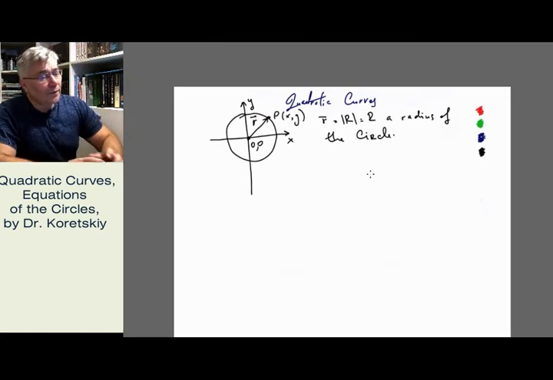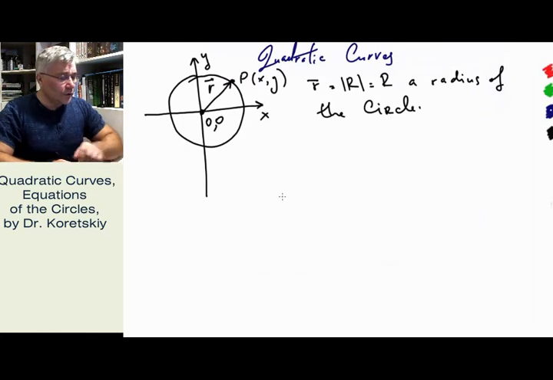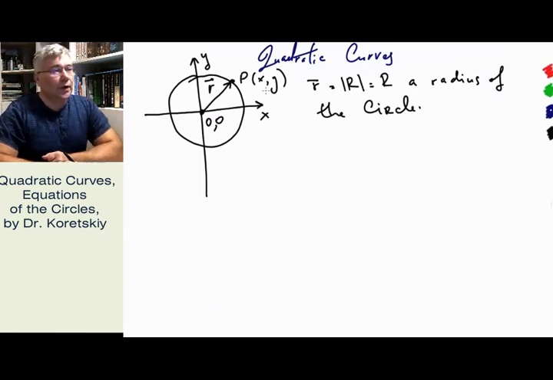You may remember that a circle is a locus of points which are equidistant from the center point. So if I calculate the length of the radius vector r, which connects the center point of the circle and a point of this curve, I always have the same number, and it is the radius of this circle.